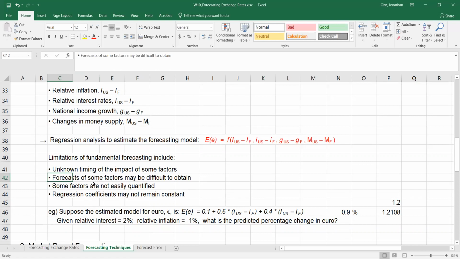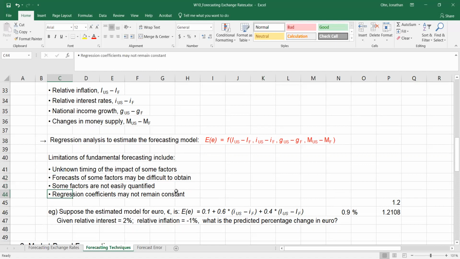Another one: some factors are not easily quantifiable. Do you remember that one of the major determinants of exchange rate is expectation, the markets' or investors' expectation? Well, how would you quantify that expectation? That's impossible, right?